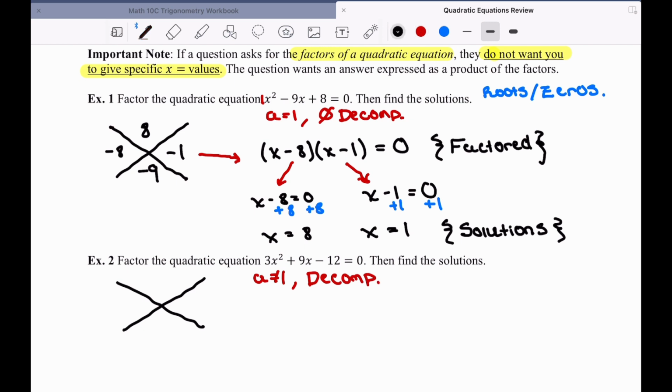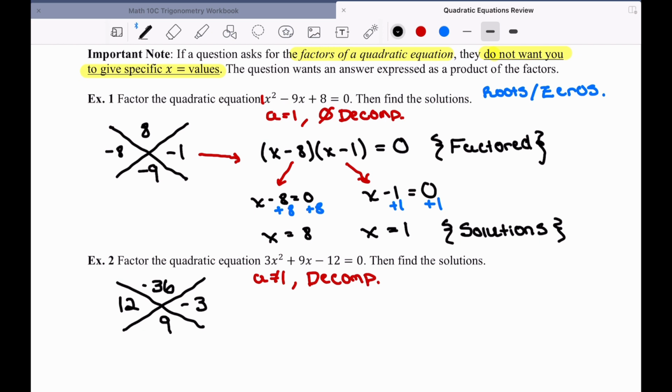I need two numbers that multiply to make 3 times negative 12, or negative 36, but add to make 9. I would say we have 12 and negative 3, because 12 times negative 3 is negative 36, and 12 minus 3 is just 9.